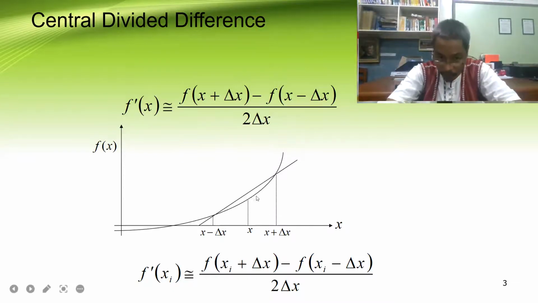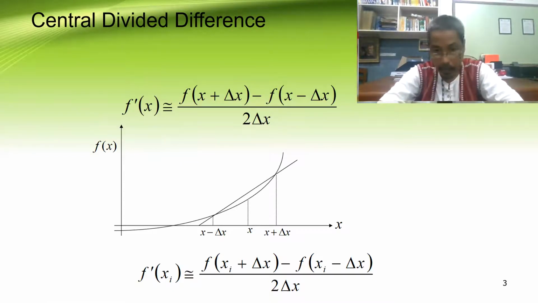Notice that if we draw a straight line tangent to the curve at x, it is having a slope almost similar to the slope of the straight line with cross-section at x plus delta x and x minus delta x. So this is a straight line.